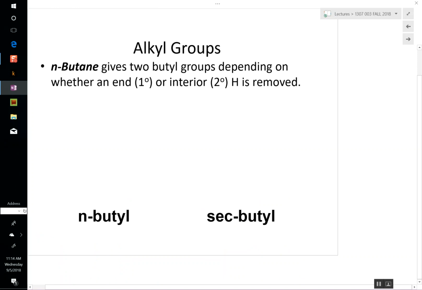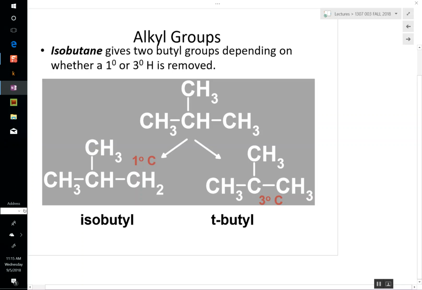So normal butyl is just going to be 4 carbons. Secondary butyl is another possibility. Isobutyl is another possibility. And then here's the tertiary butyl that I'm talking about right here. So tertiary butyl kind of looks like this.